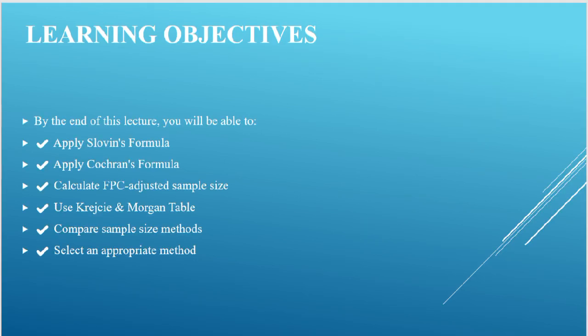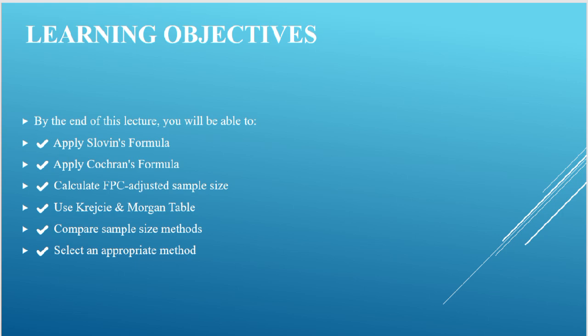Learning objectives. By the end of this lecture, you should be able to independently calculate sample size using the method discussed today. First, we will understand Slovin's formula through a numerical example. Then we will move to Cochran formula, which is more statistically detailed because it incorporates confidence level, population variability and margin of error.